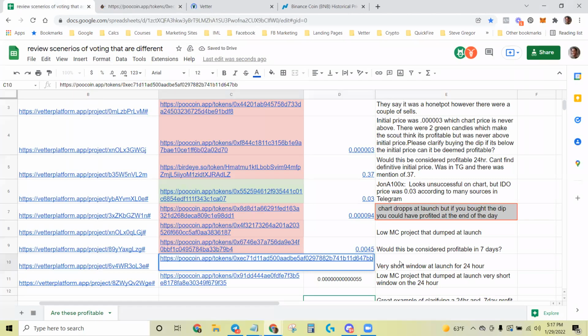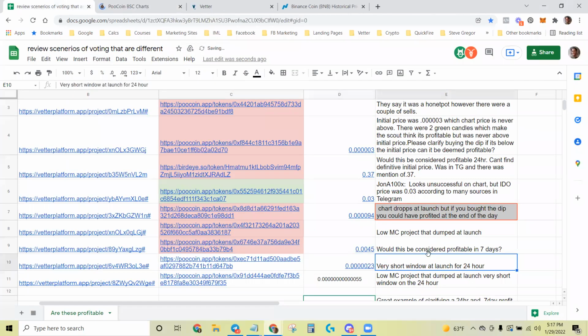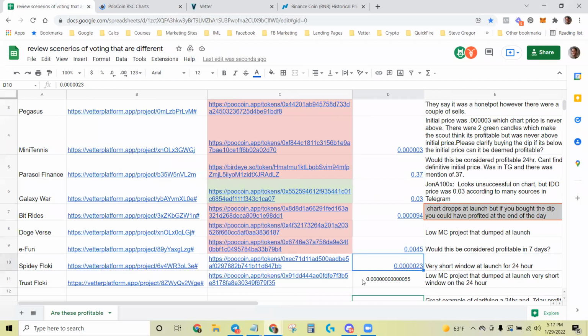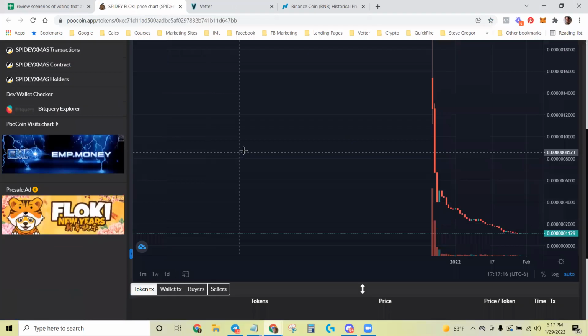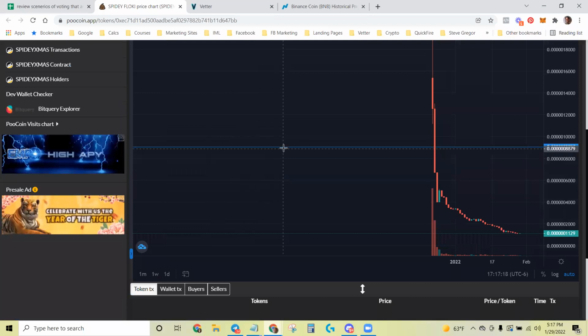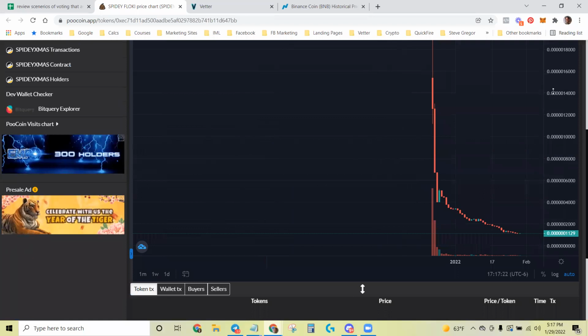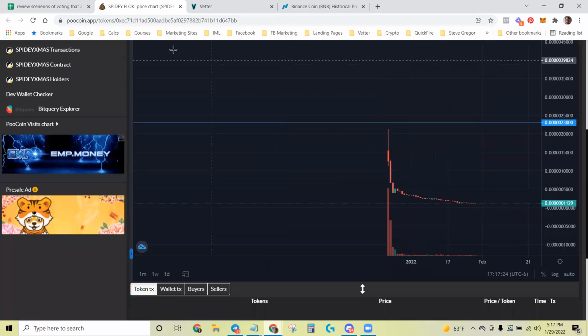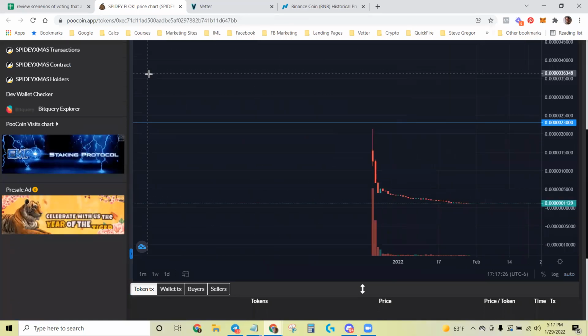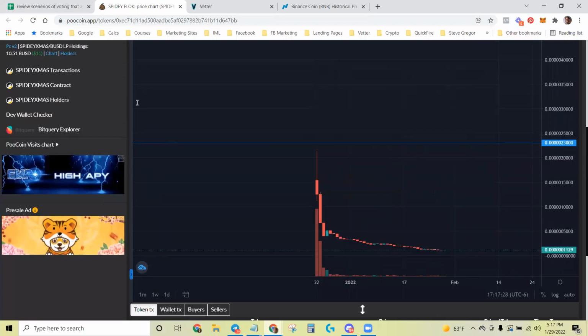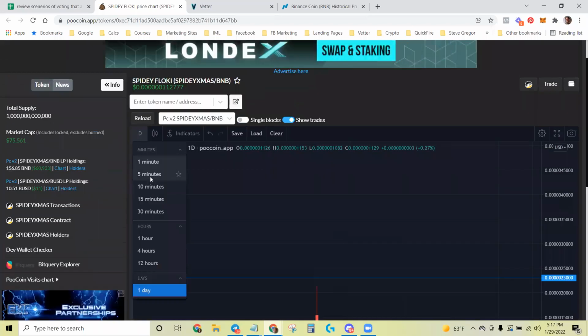Okay, and this says very short window at launch for the 24-hour period. Price is right here. So I would put that on the 5-minute chart, to see if we got an hour within 5-minute intervals?